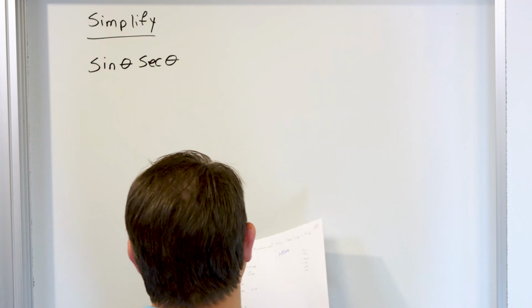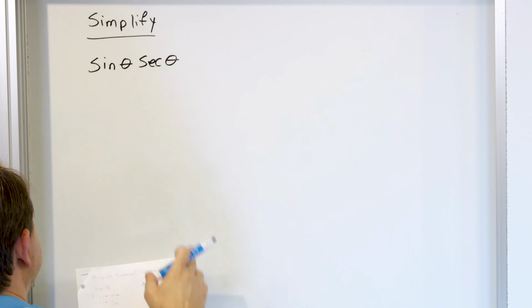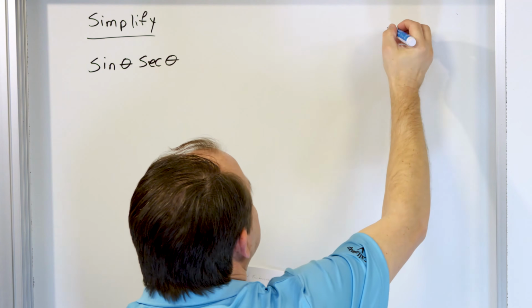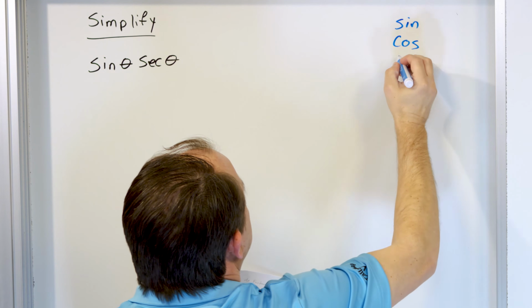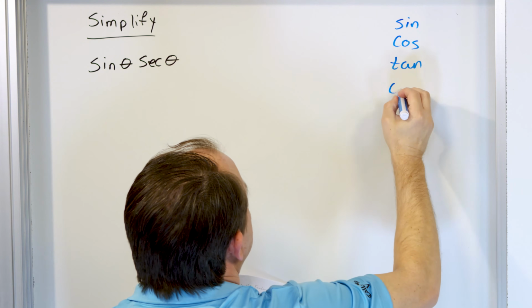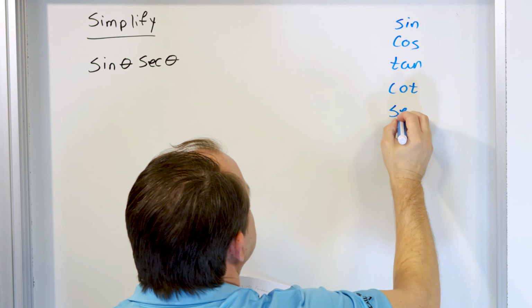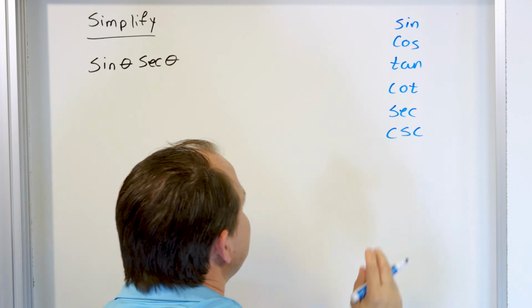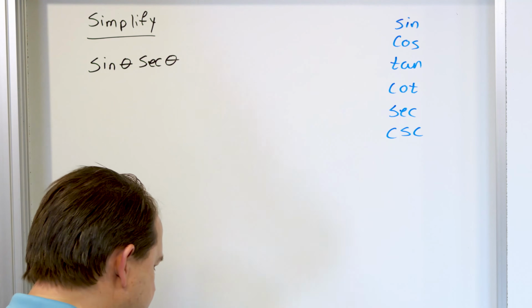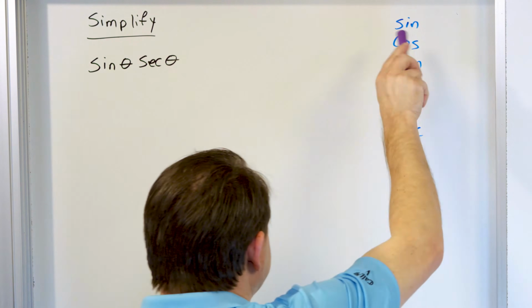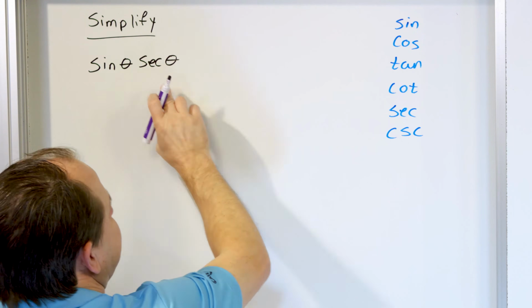And so the way you do it, I'm just going to literally show you how I would solve this myself, is I go off to the side and I say, well, how do I want to rewrite the secant? I write all my trig functions in this order: sine, then cosine, then tangent, then cotangent, then secant, cosecant. Now you do have to remember this order. And what you do then is you basically connect them in a rainbow like this, but I'm interested in the secant.